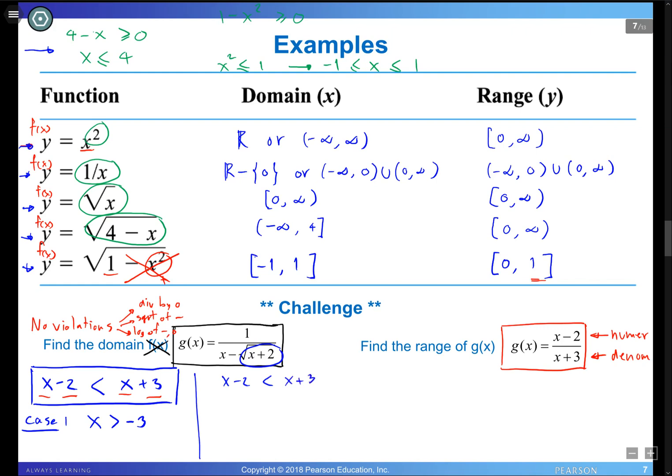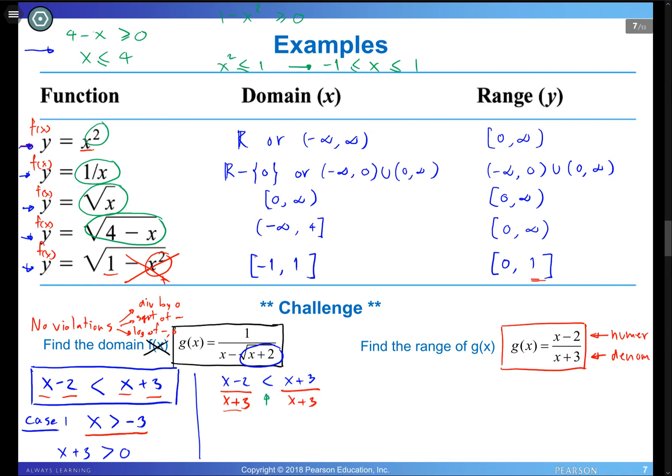What I'm going to do next is divide both sides by x plus 3. As you can see here, I have this condition, x greater than minus 3, which means that x plus 3 is greater than 0, so the sign I have right here is going to stay this way.